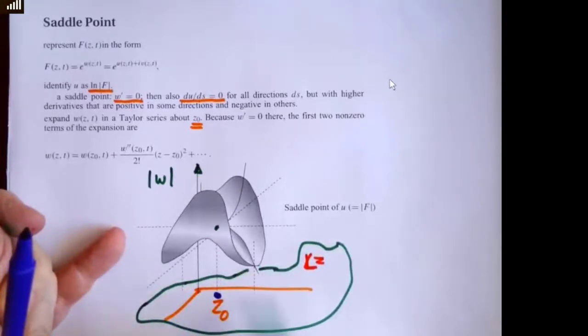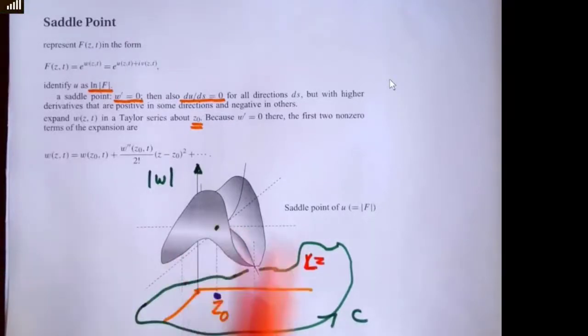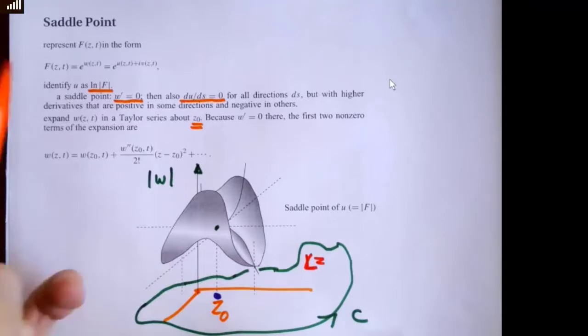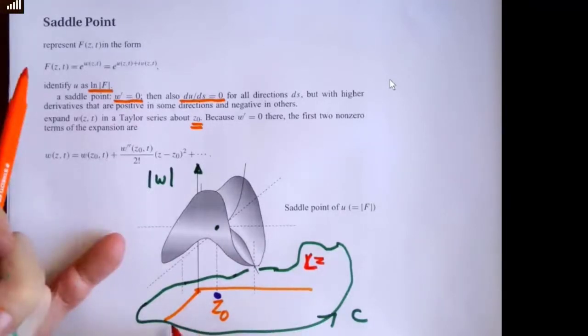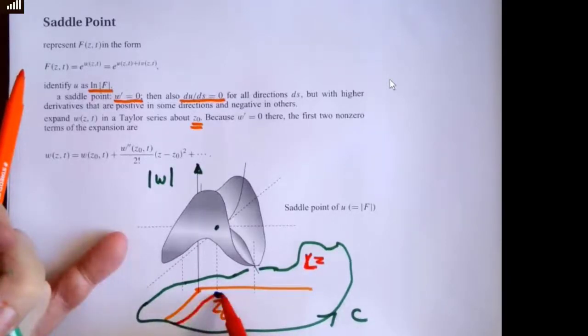Typically, it's running along the real axis, but that's your contour C. And now what you'll try to do is deform this contour in such a way that it goes through the saddle point.